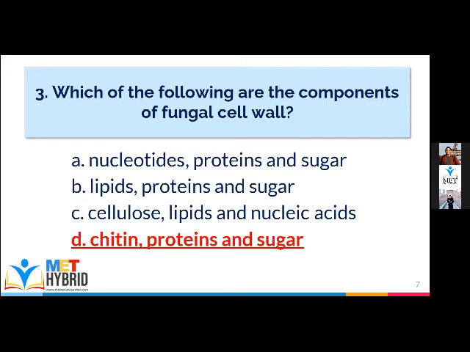Your letter A, your nucleotides, proteins, and sugar. Saan kaya yan makikita? Anyone? Nakikita din po yan sa cell. So your nucleotides, your sugar, plus carbohydrates, you can also have glycoproteins.